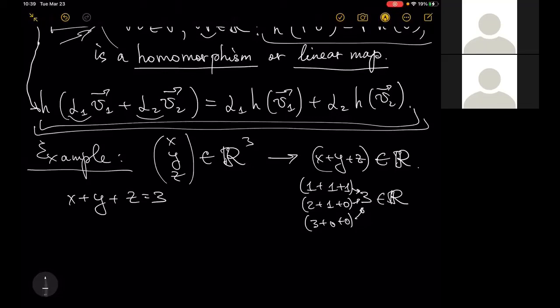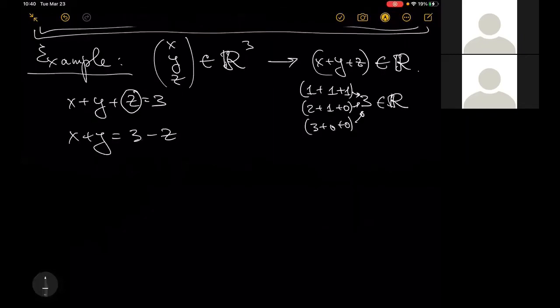So in other words, for example, if I set z, then I know that any x and y, whose sum gives me 3 minus z, will satisfy this equation, right? So that's it. Okay, so great. This is an example.